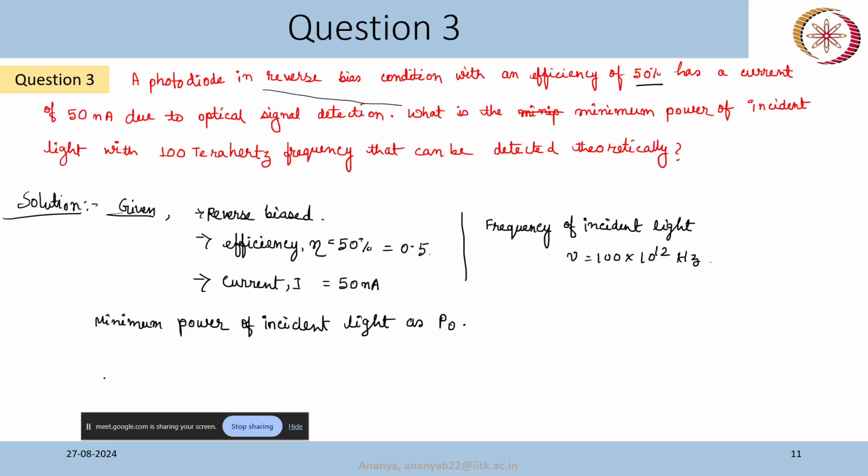Okay. Now I will use the expression of current in photodiode, right? So current I is equal to, what is the expression? Eta Q P naught by h nu. Q is the charge of electron, right?